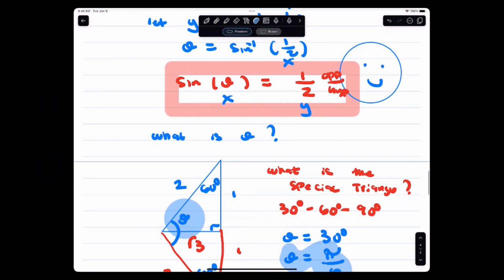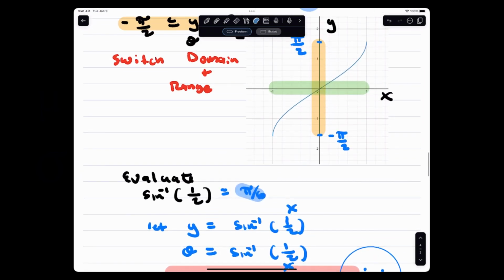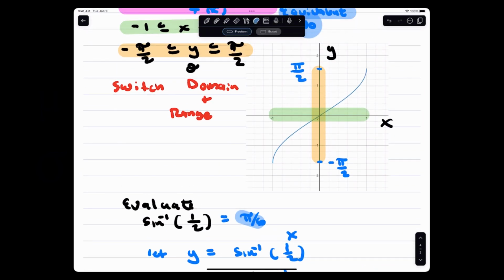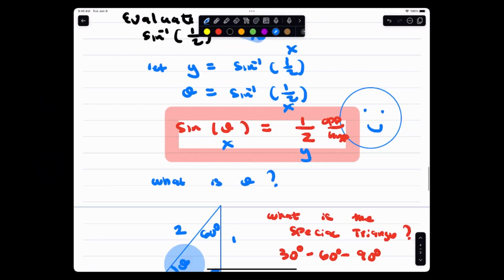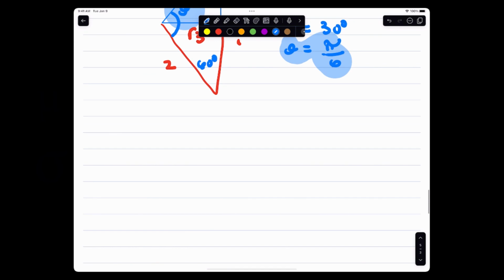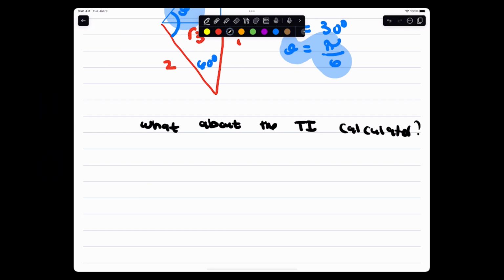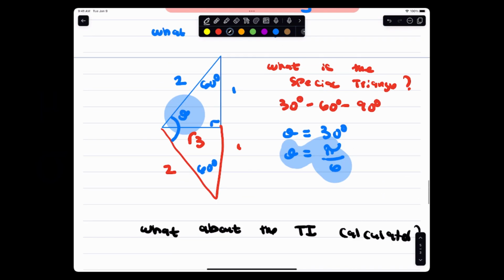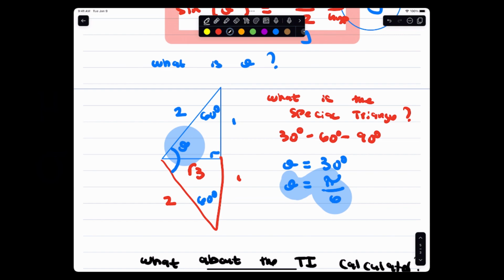Now, you say, where is 1/2 at? Well, 1/2 is somewhere over here, but anyway, I want you guys to also be able to use this here. What about the TI calculator? You go, TI calculator? Yes.